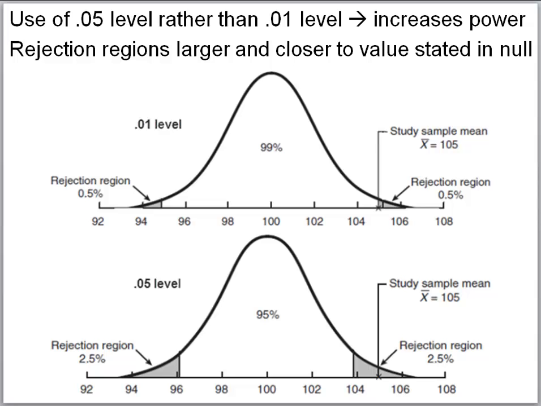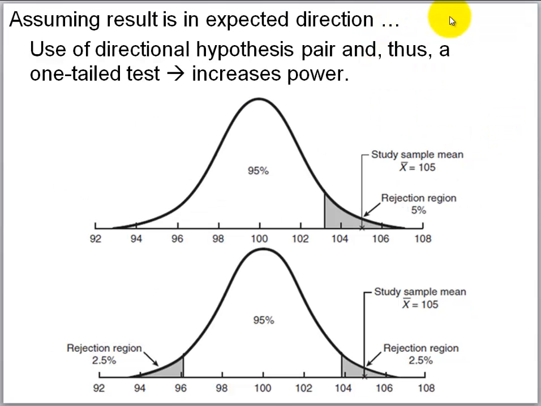In other words, your power will be greater. Now, assuming that your study sample result is in the expected direction, the use of a directional hypothesis pair, and thus a one-tailed test, increases power.